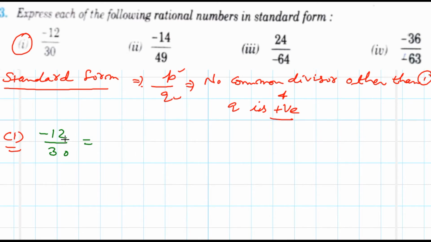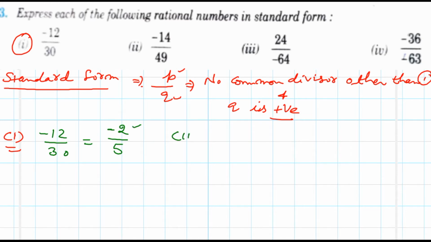So if we see there is any common divisor, yes. The common divisor would be 6: 6 2 ja 12, 6 5 ja 30. So now the numerator and denominator do not have a common divisor other than 1. So this is the standard form of minus 12 upon 30. Right, students? Simplest form is the standard form.